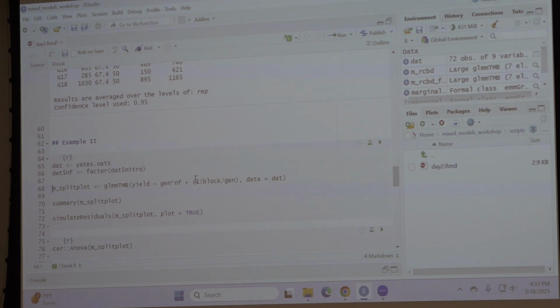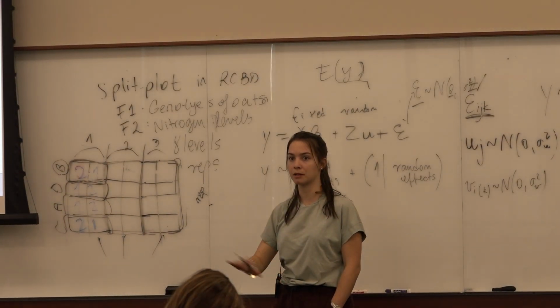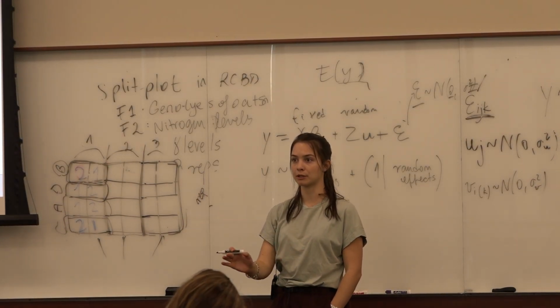They divided the field into 3, I think, blocks, and then assigned the genotypes to each plot. And then within each plot with the same genotype, they assigned nitrogen levels. And that's it. They want to study the main effects and the interaction between the two.